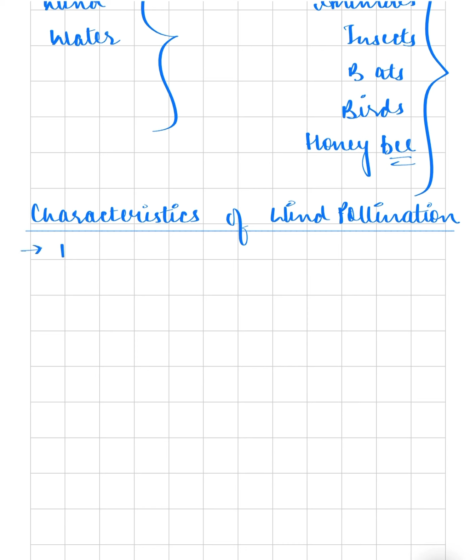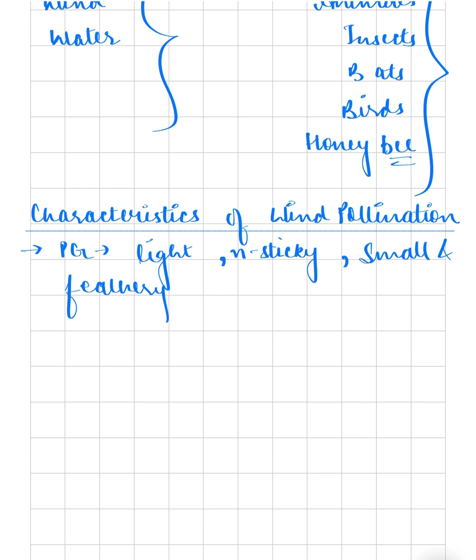In this, the pollen grain should be light in weight, it should be non-sticky, it should be small in size, and its structure should be feathery. Wind pollination generally occurs in colorless flowers. For example, in case of maize.